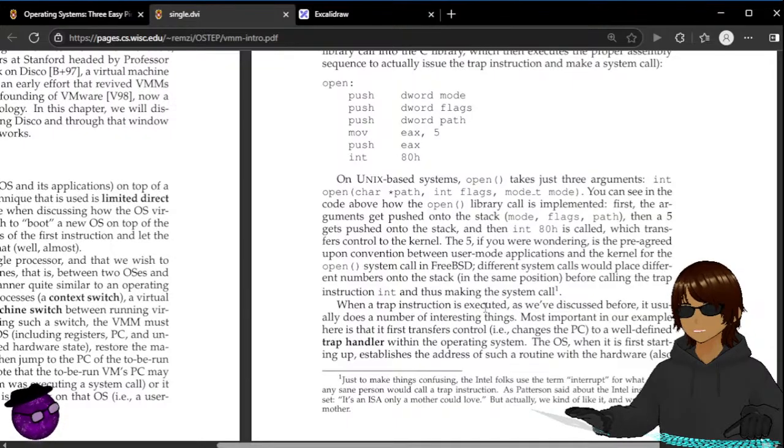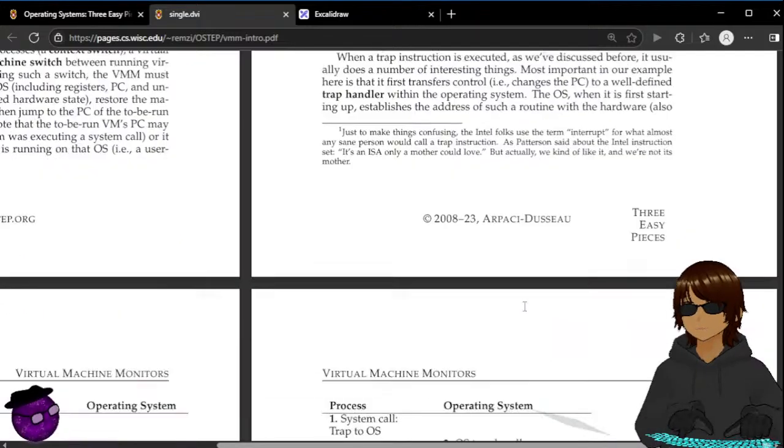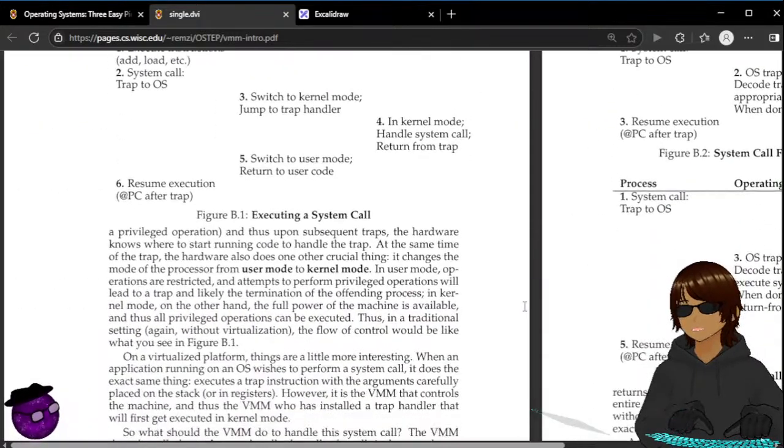When a trap instruction is executed, as we have discussed before, it usually does a number of interesting things. Most important in our example here is that it first transfers control to a well-defined trap handler within the operating system. The OS, when it is first starting up, establishes the address of such a routine with the hardware, also a privileged operation, and thus upon subsequent traps, the hardware knows where to start running code to handle the trap.